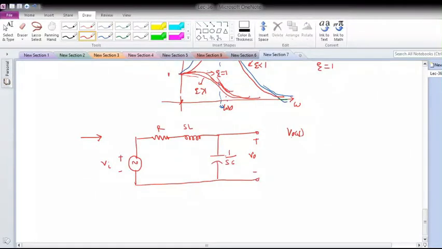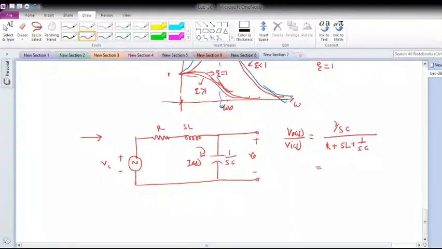Okay, so let me write what is my voltage ratio transfer function. So what is my V0 of S upon Vi of S? V0 of S will be this current I of S into impedance 1 over SC, and what is I? I will be Vi upon R plus SL plus 1 over SC. Okay, so what will be V0 upon Vi of S? It will be 1 over SC, divided by the total impedance, which will be R plus SL plus 1 over SC.